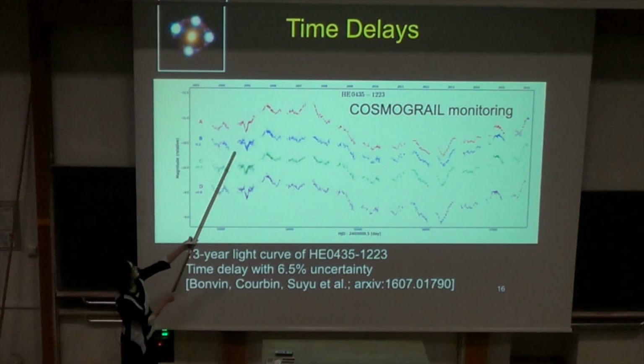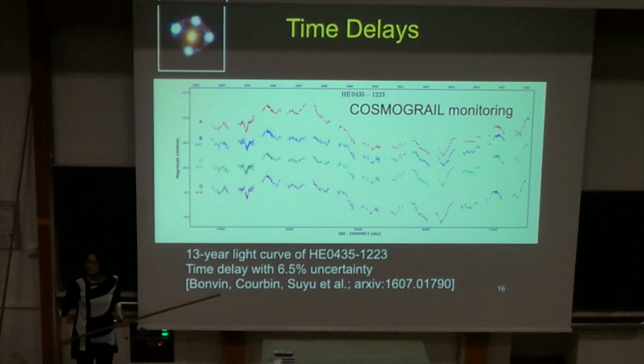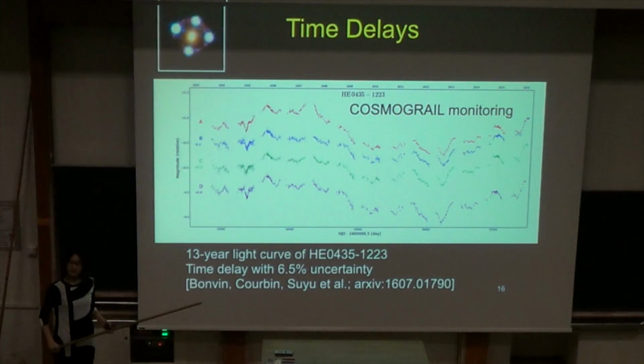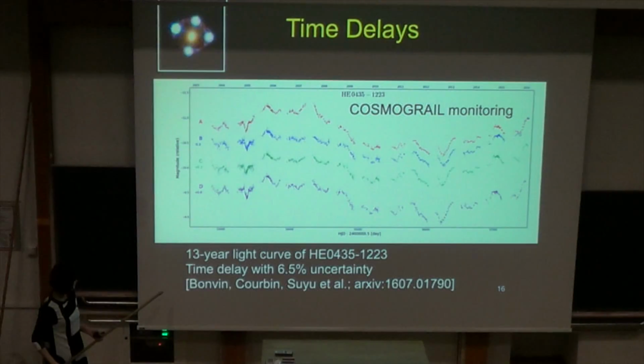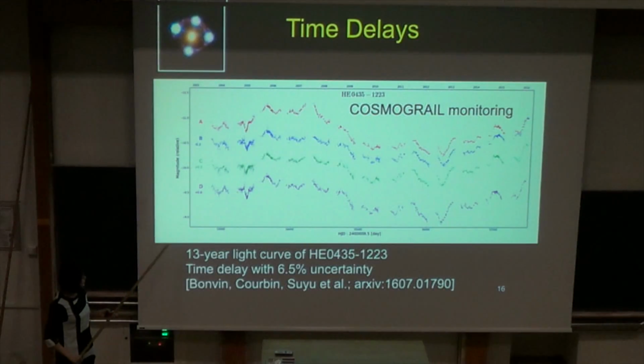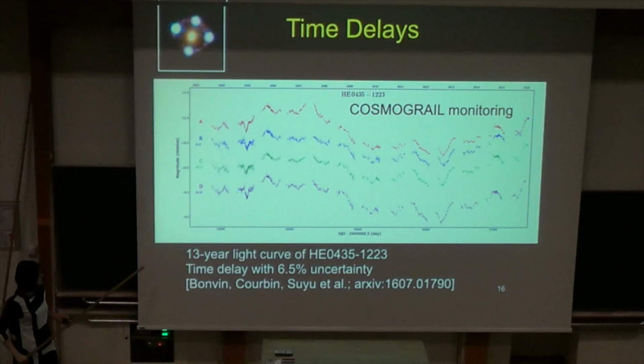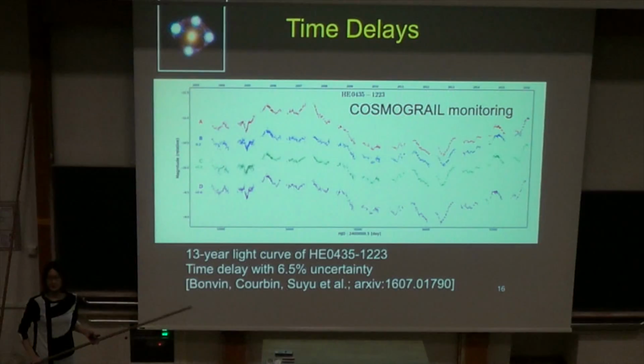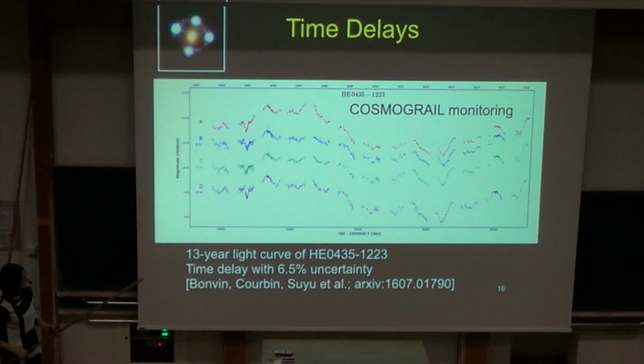You can see these features that are reproduced in all of these 4 images. Vivien Bonvin, who is a PhD student in Lausanne, has used the state-of-the-art curve shifting techniques built by Tewes and collaborators and measured the time delays with 6.5% uncertainty for this strong lens system.